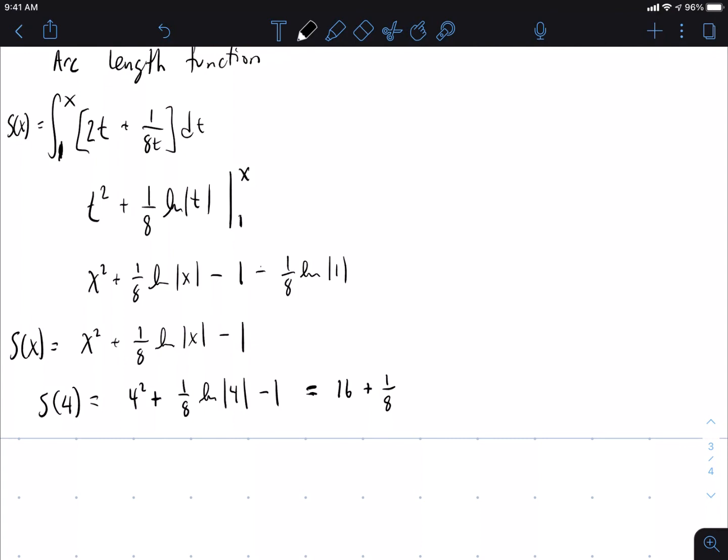Oh, you just chose 4 at random, right? Yeah, I just chose 4 randomly. ln of 4 is 1.38629.